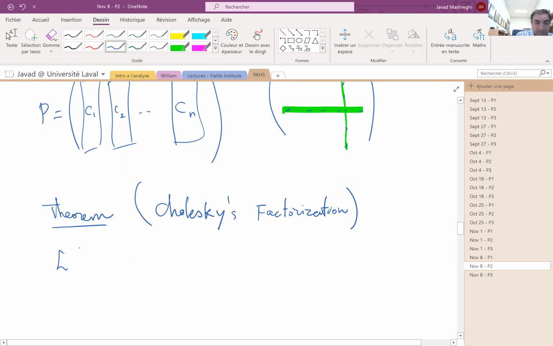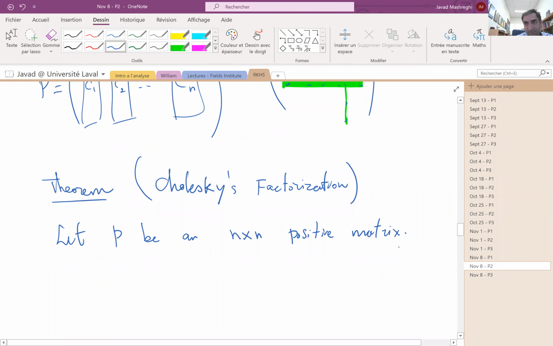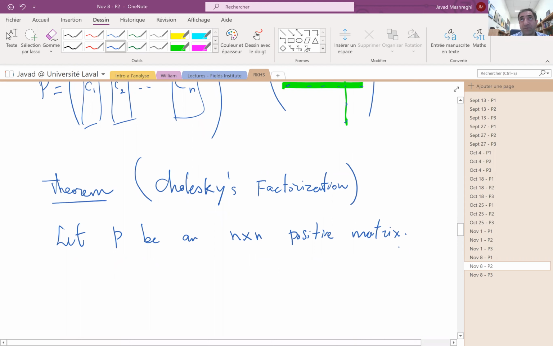Let P be an n times n positive matrix. Positive here, as I mentioned in one of the lectures before, for us means bigger than or equal to 0, but it's not universal. For some authors, positive means strictly bigger than 0. Here, it means bigger than or equal to 0.